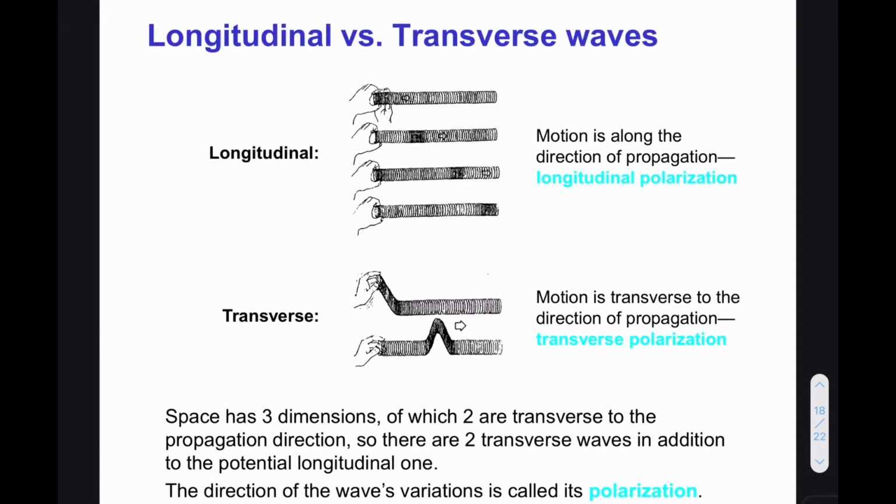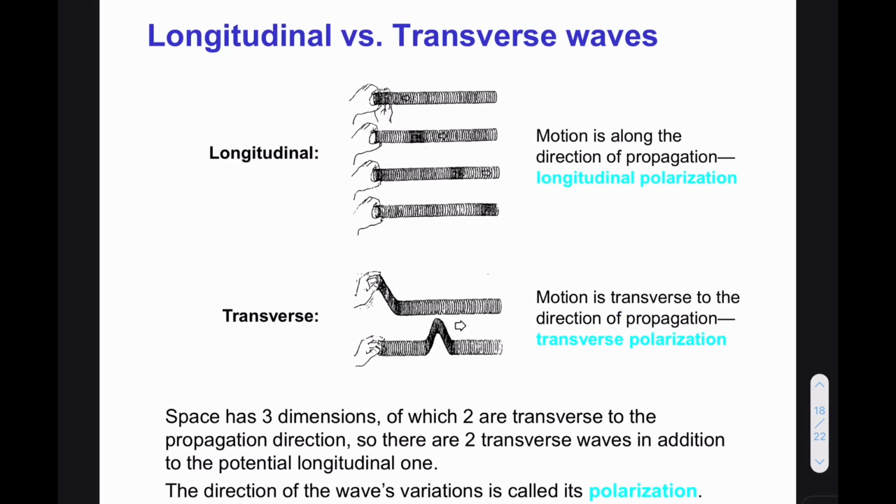Now, there are mainly two types of waves: longitudinal waves and transverse waves. In the longitudinal wave, the variations of the wave are parallel to the direction of propagation of the wave. And for a transverse wave, these variations are transverse to the direction of propagation.